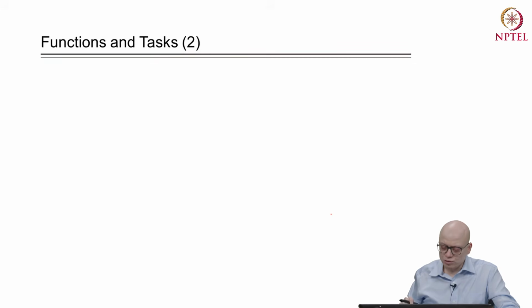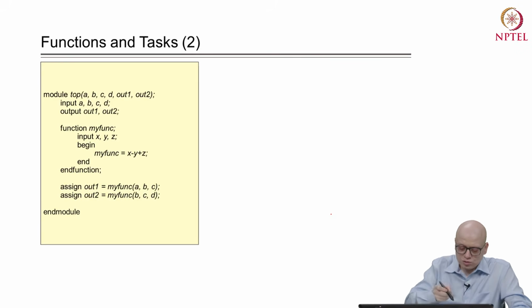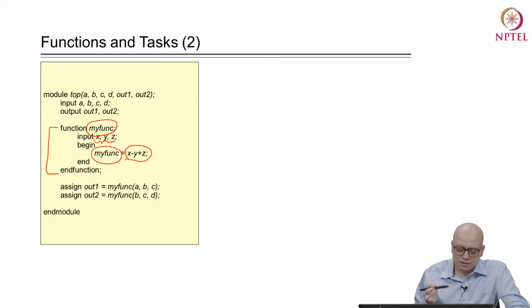Let us look into the uses of these structures. This is an example where a function is used. There is a function within a module. The name of the function is myfunc, and the inputs are x, y, z. So, there are 3 inputs, and the output is x minus y plus z, which is assigned to myfunc. So, there is a signal or register named myfunc, which can be used inside this function.